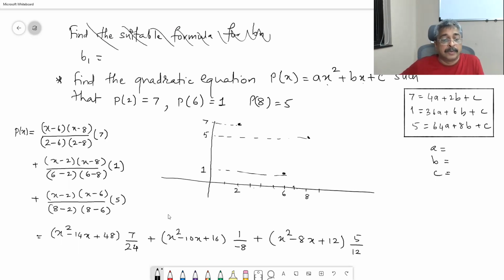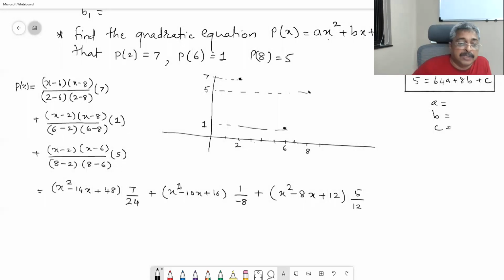Okay. So what is the coefficient of x square? 7 by 24 minus 1 upon 8 plus 5 upon 12.